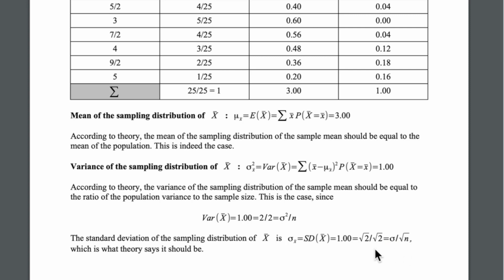If the variance of the population is 2, then the standard deviation of the population is the square root of 2. We divide that by the square root of n, which is 2, so the square root of 2 over the square root of 2, and again we get 1.